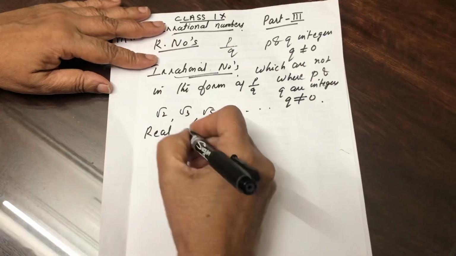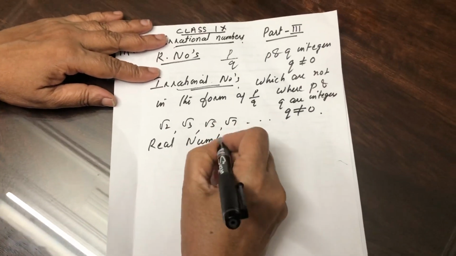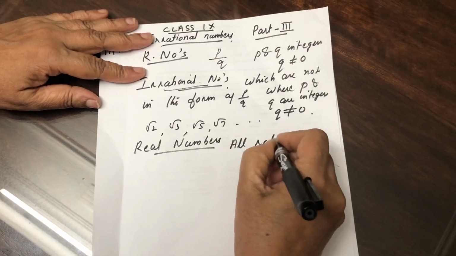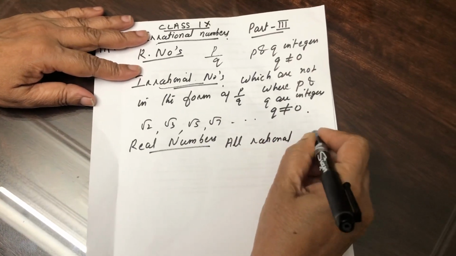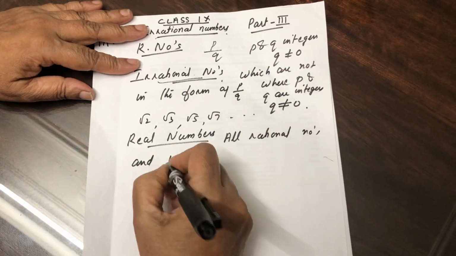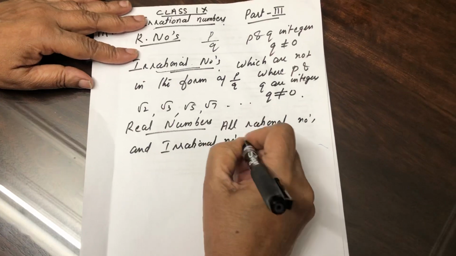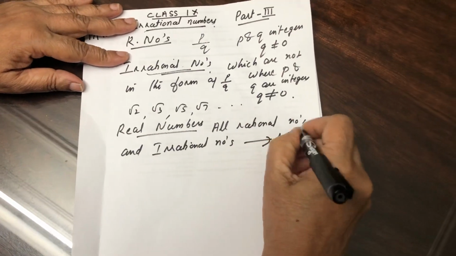Now, what are real numbers? All rational numbers and irrational numbers together are known as real numbers.